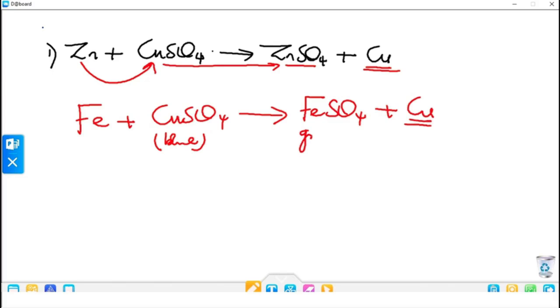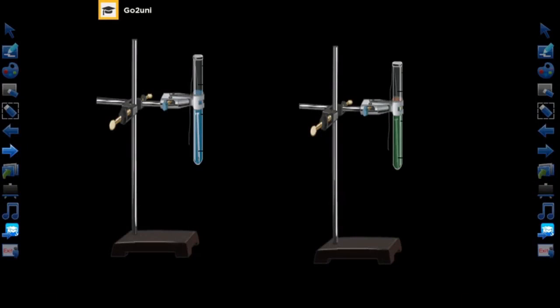Now that solution is the green solution we can see of iron 2. So this is actually what we refer to as displacement reaction. That is an example of a practical displacement reaction.